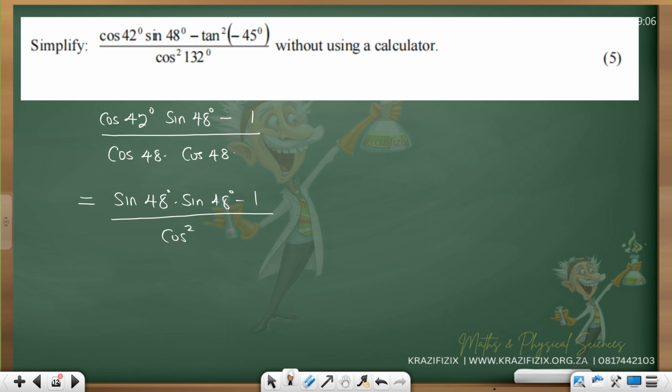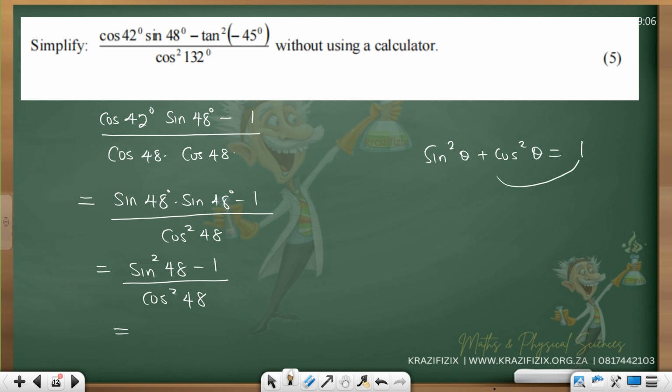Okay, let me return this back. I see where I'm going. What will this give me? Sin squared 48 minus 1. Oh, beautiful. Do you guys remember this? Sin squared theta plus cos squared theta equals 1. Now, if I move this here, what would I have?